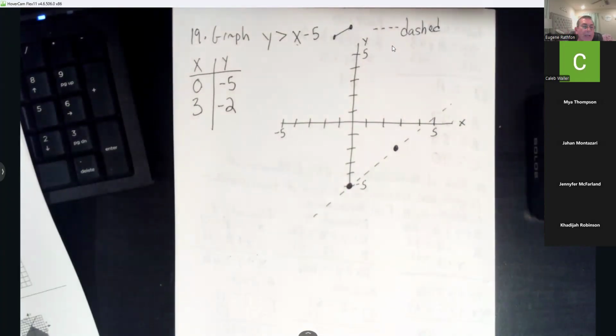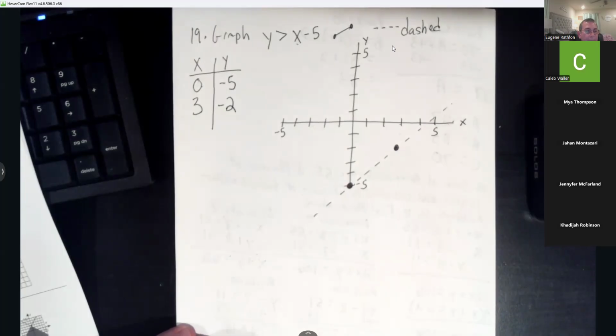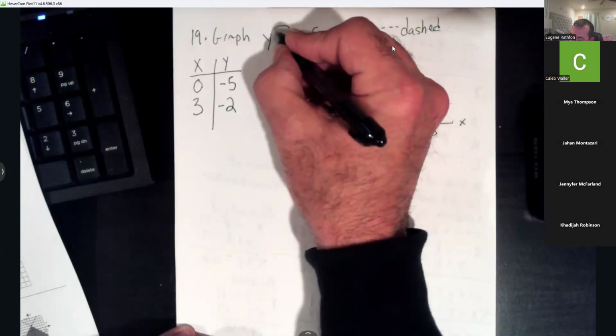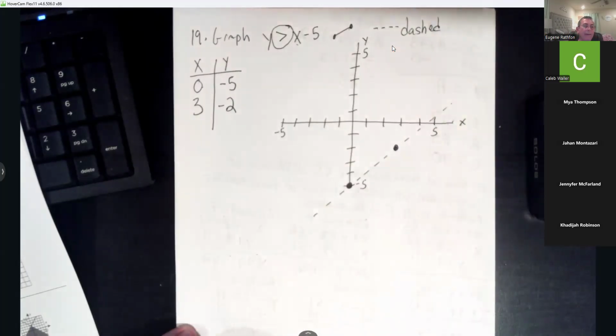So my only other question is, would I shade that above or would I shade that below? All right, y'all. So remember, you're looking at this greater than. So think about it.